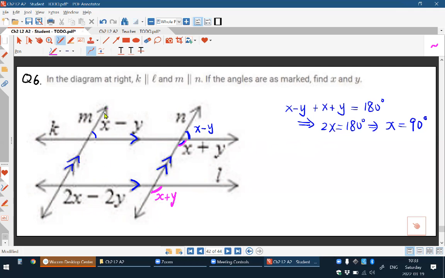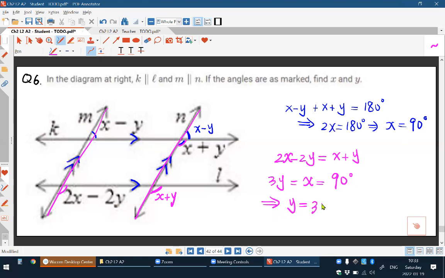And because line M is parallel to line N like this, these pair of angles are also corresponding angles, right? Corresponding angles are congruent, so we have 2x minus 2y must equal x plus y, right? So this gives us 3y equals x. X has been solved to be 90 degrees. So this means y must be 30 degrees, right?